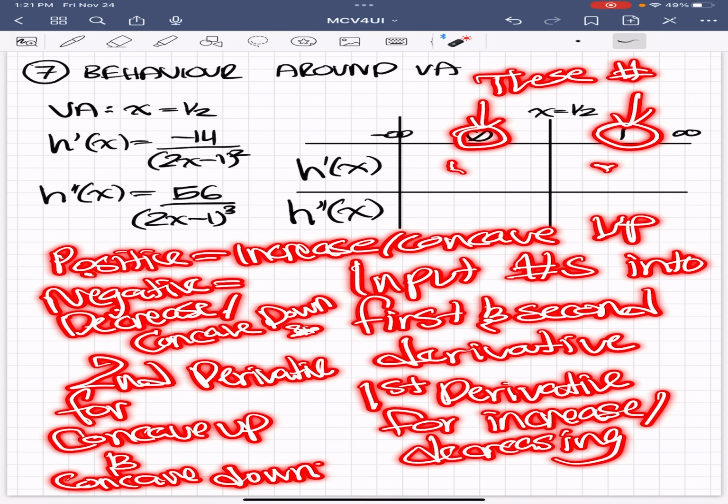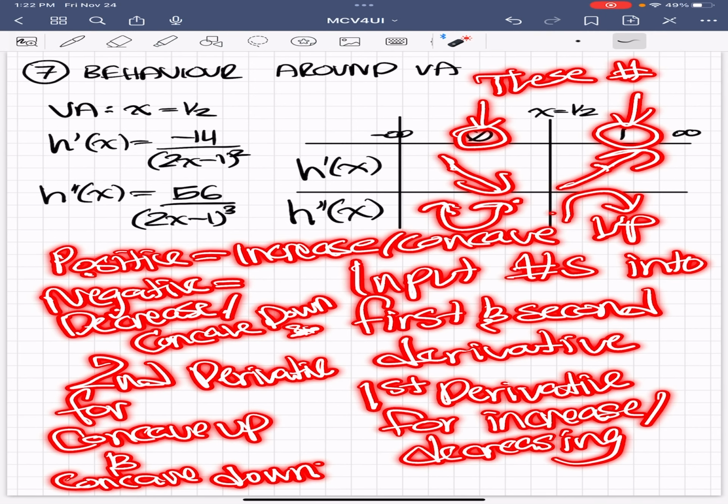And we're going to use symbols like the down arrow, the up arrow, and then these symbols as well to indicate if it's concave up, concave down, increasing or decreasing. So I hope that was informative, and that's what we will be doing today.